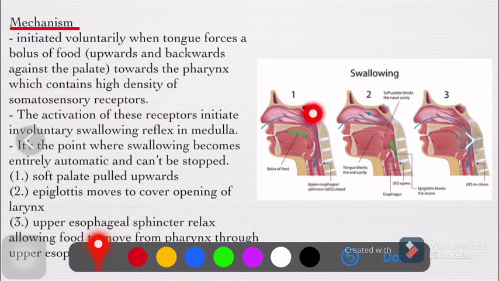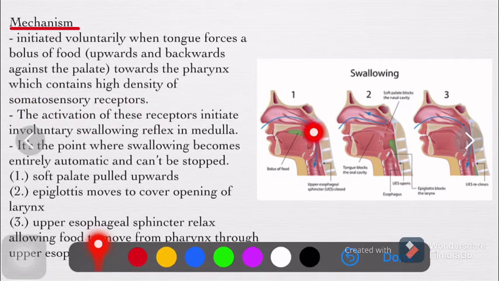The first thing happening in the oral voluntary stage is that your tongue is blocking the mouth and forcing the bolus upward and then backward against the palate. The palate is the upper part of the oral cavity. Towards the pharynx, as we all know, the oral cavity proceeds into the structure known as the pharynx, which contains a high density of somatosensory receptors.